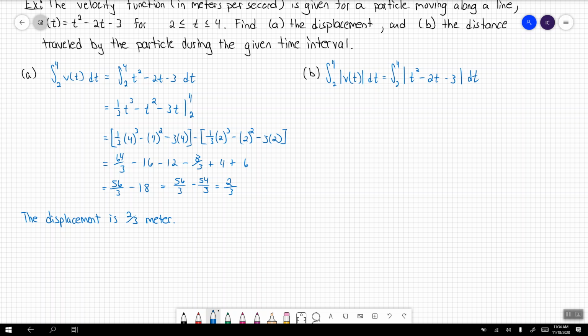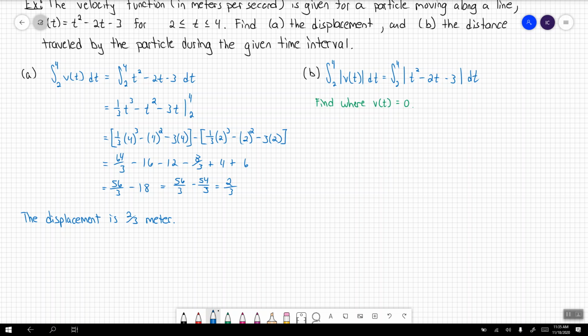Where we find that the function crosses the x-axis, we'll then know where this function dips below the x-axis. That way we could then integrate the opposite of that function. In other words, attach a positive value to that. So we're going to find where v of t is equal to 0.